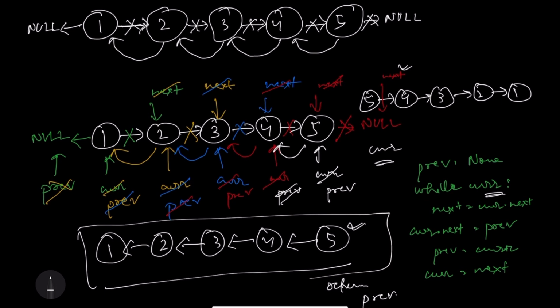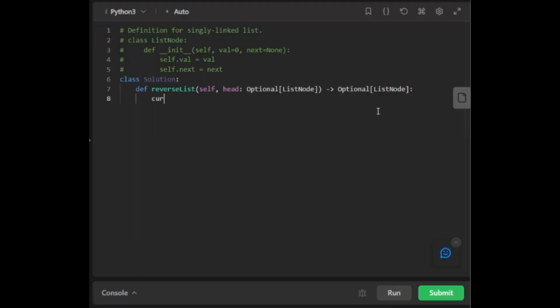So let's go on to LeetCode and code this one. First we will take our head in our current pointer. We would have prev, which would be pointing to null.